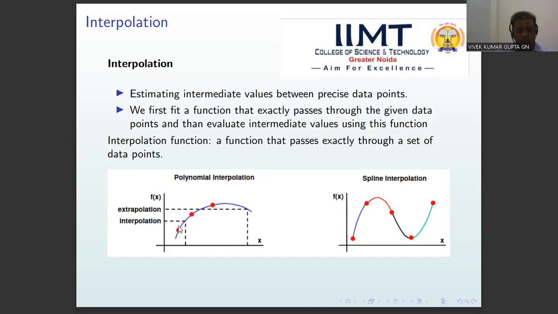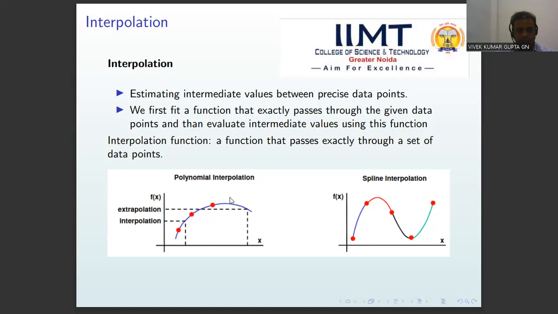But suppose we have data from 2001 to 2020 and we want to estimate the value or function for 2021, which is not the intermediate case. Then we call that extrapolation of the given data.